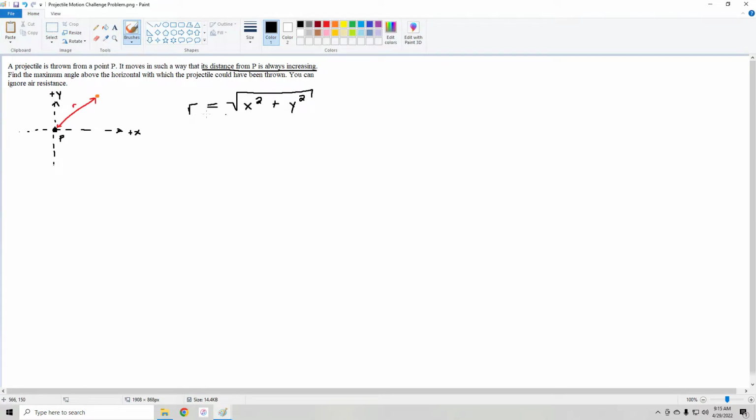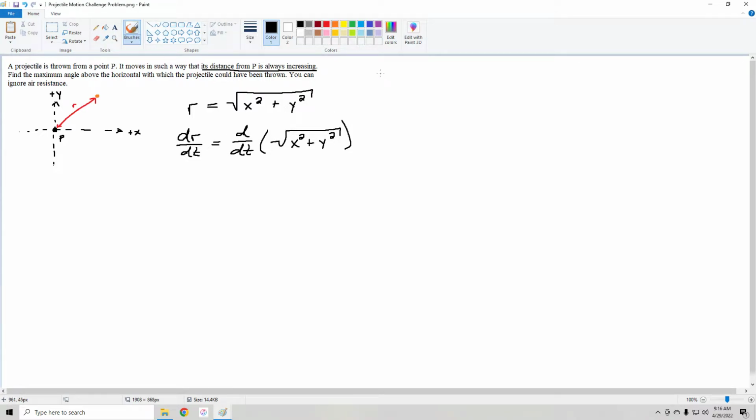So if we were to take a derivative of both sides of this expression, we would get the derivative of the distance between the point P at the origin and the projectile with respect to time is equal to d over dt of all of this. However, there's no explicit t expression here for x and y, so we need to rethink about what kind of expression we have inside of this derivative.